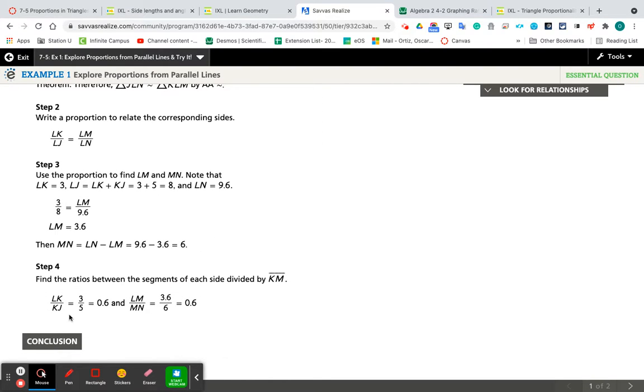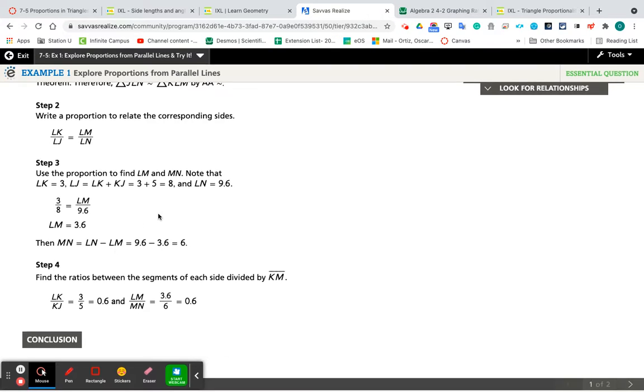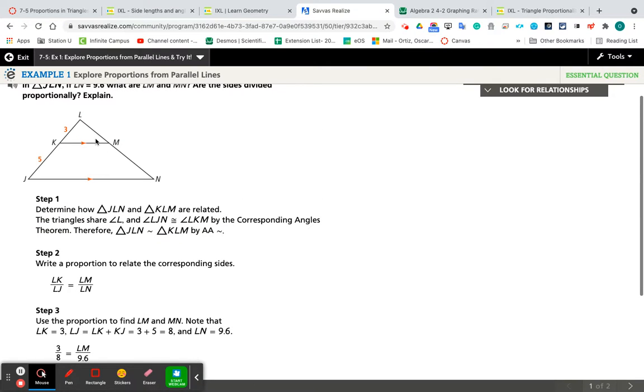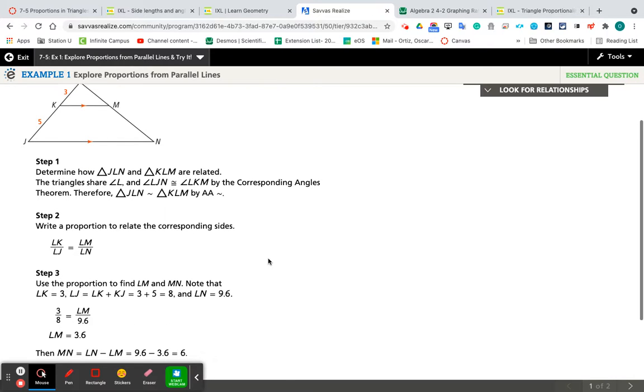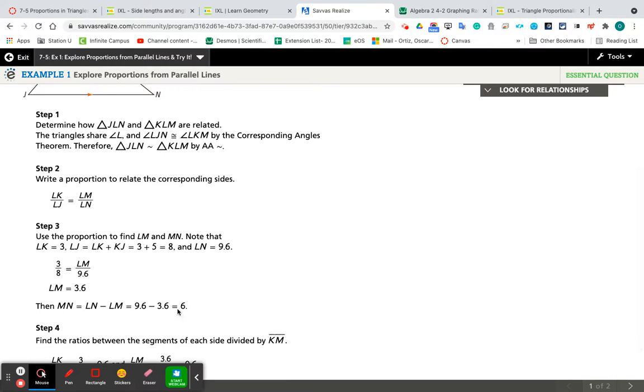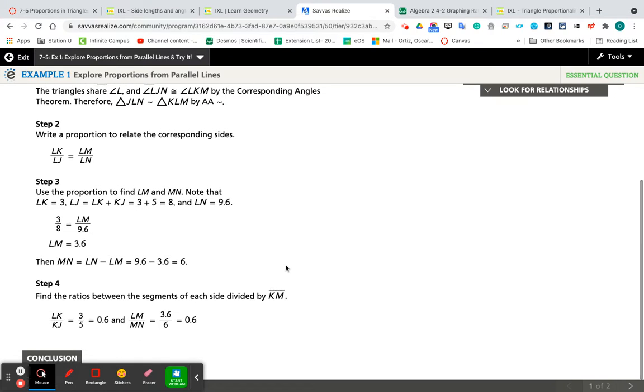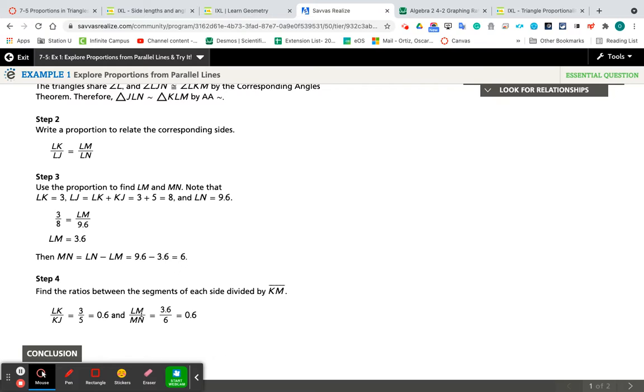then of course we can also form the ratios LK to KJ. LK to KJ is 3 to 5, and this right here is, when we subtract, that'd be 6. So we have the other proportion LM to MN, which is the same.